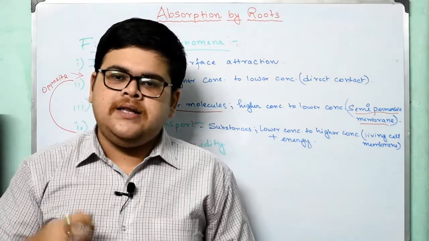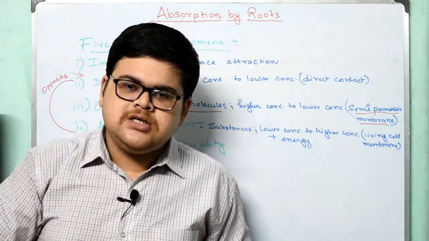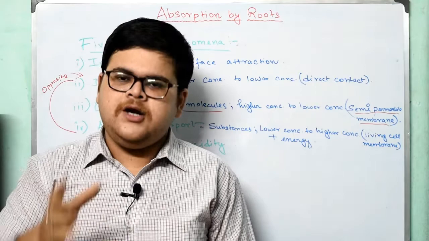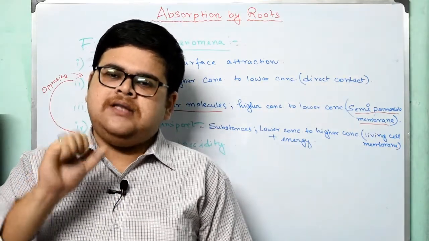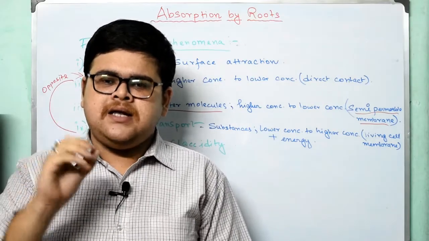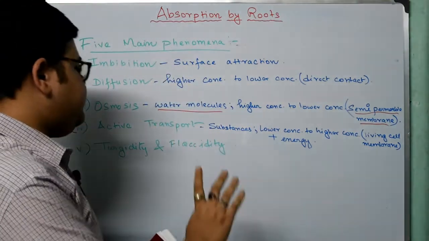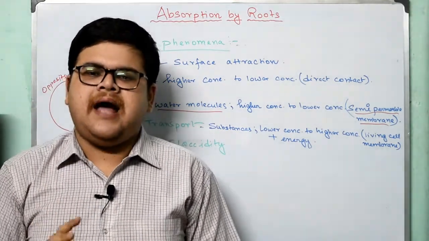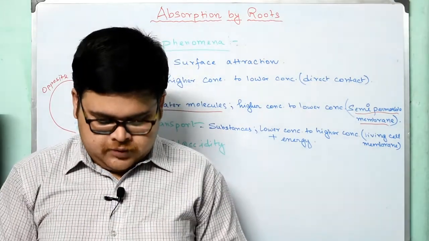But when the reverse happens, from lower concentration to higher concentration, the movement of these molecules needs a particular force. This force is given through the consumption of energy. Thus we can say active transport is the opposite of diffusion.